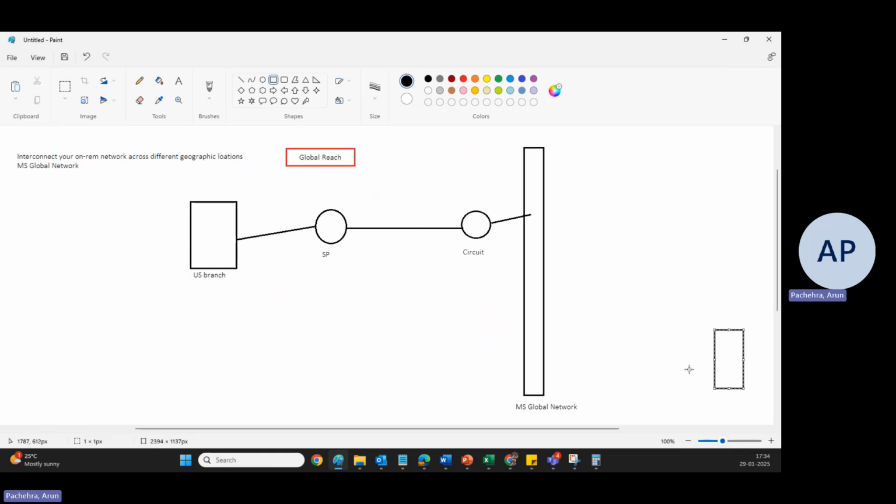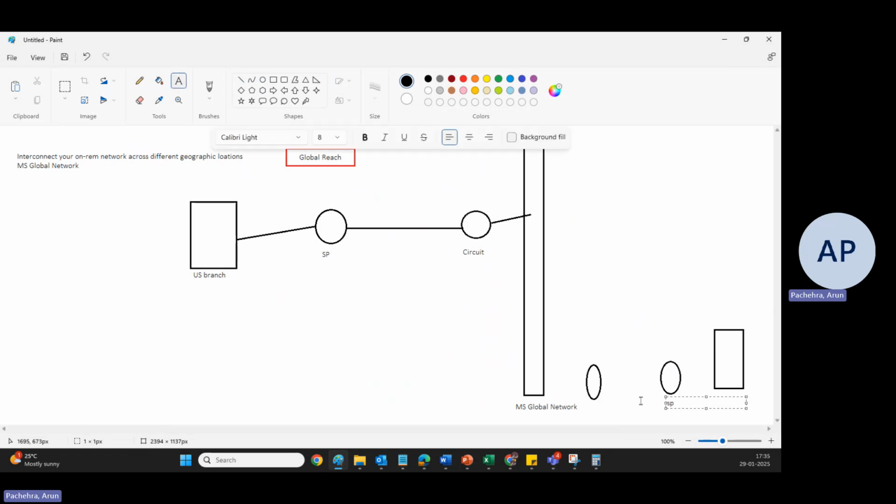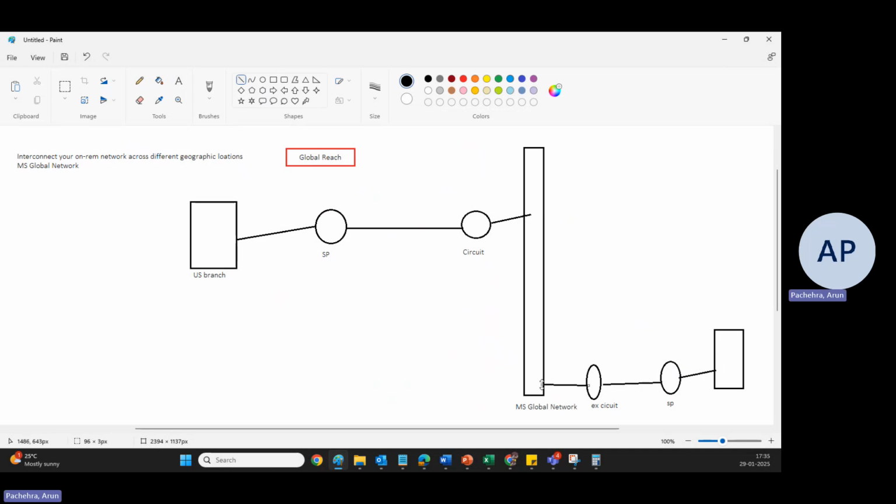So Japan also has some service provider, a local provider somewhere in Japan, and they would have a circuit somewhere in Japan, and this service provider and ExpressRoute circuit will help get the data into the MS global network.